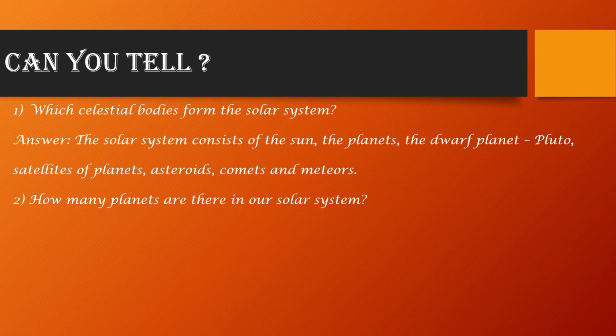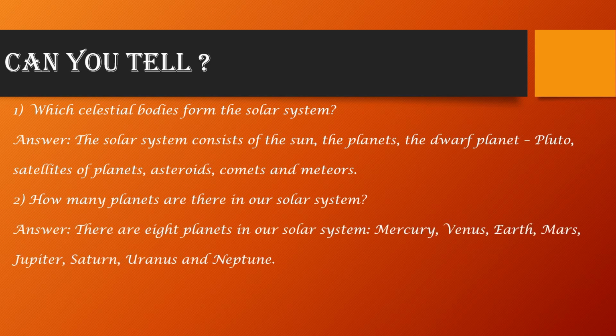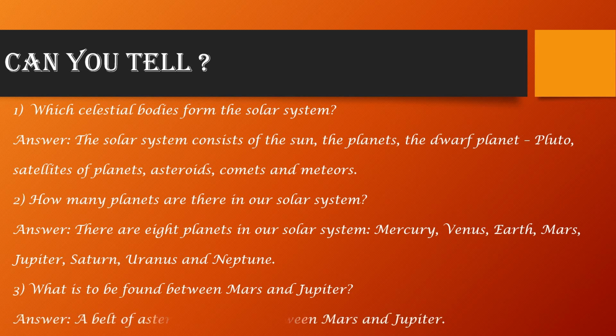There are 8 planets in our solar system, namely Mercury, Venus, Earth, Mars, Jupiter, Saturn, Uranus, and Neptune. Now, what is to be found between Mars and Jupiter? Yes, very good. A belt of asteroids is found between Mars and Jupiter.